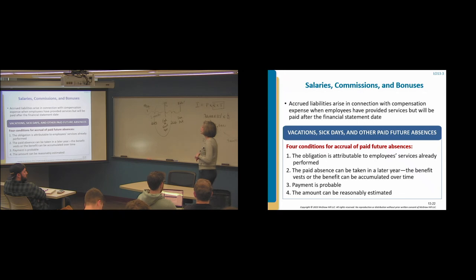So there have to be 4 conditions for accrual of paid future absences, which means, for example, at December 31st, if that's the end of my fiscal year, I have to evaluate all of my employees, and I have to determine which of them have earned future time off.